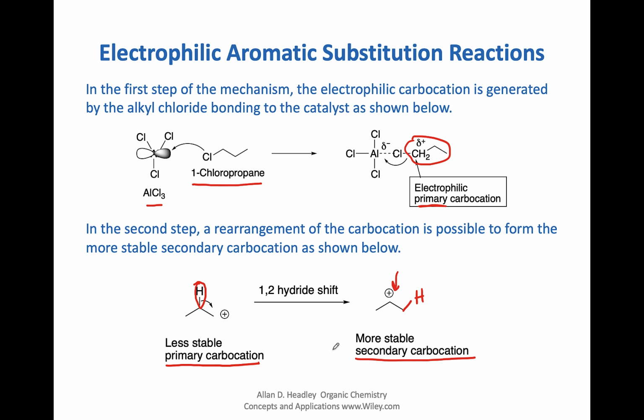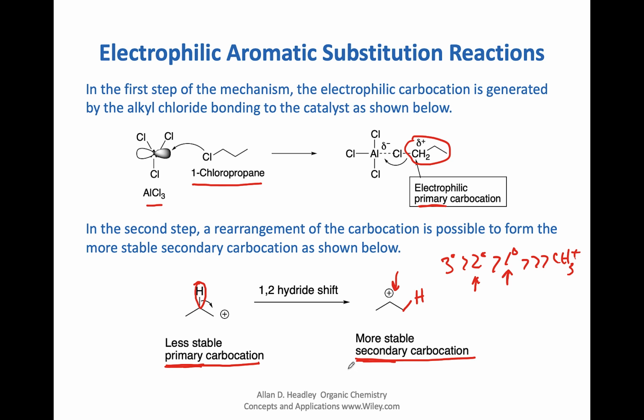You will recall that the stability of carbocations is tertiary, much greater than secondary, much greater than primary, and much, much greater than methyl. So if we have a primary carbocation, as shown here, it will rearrange to give the secondary carbocation as shown here.